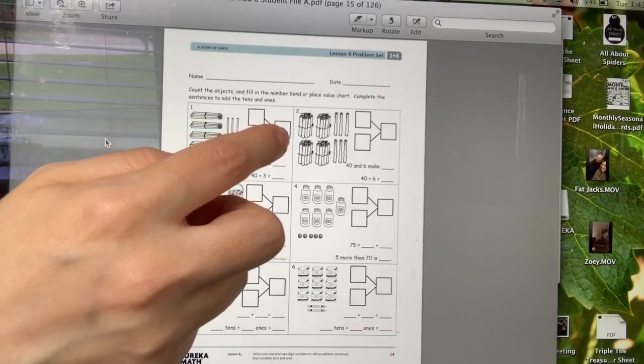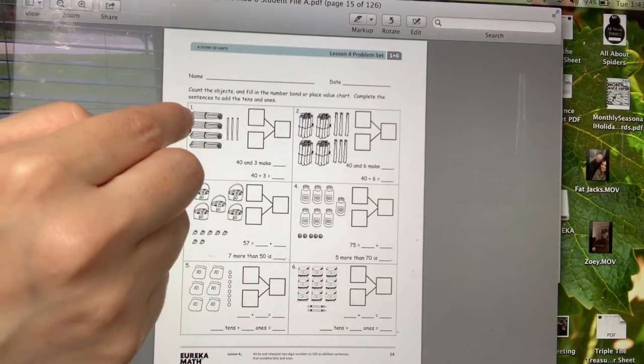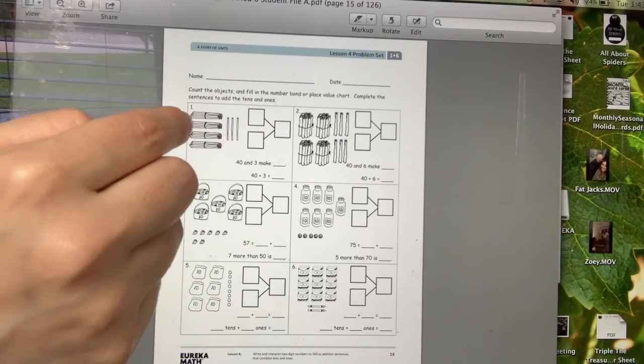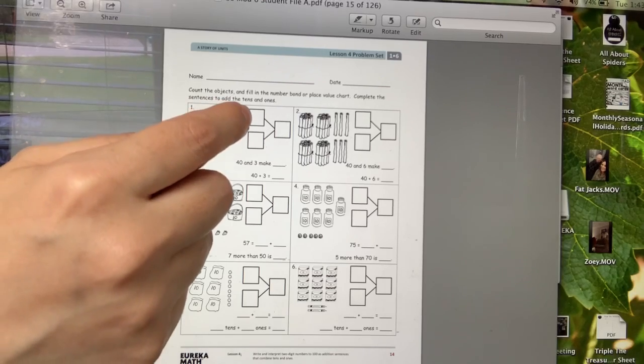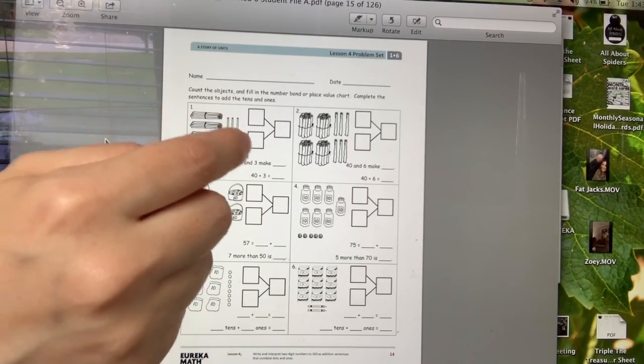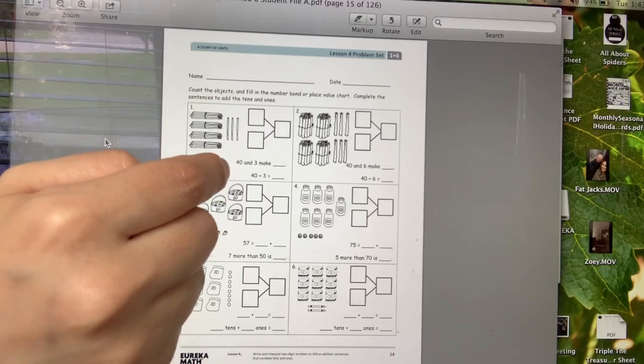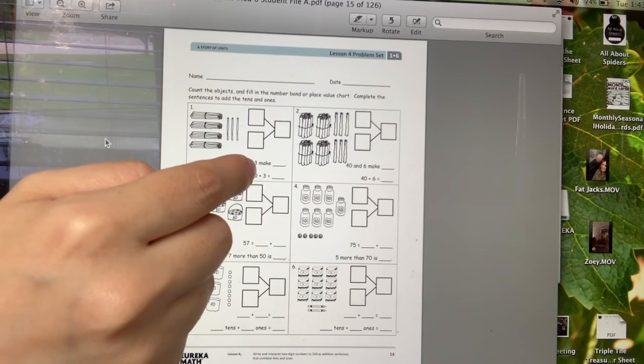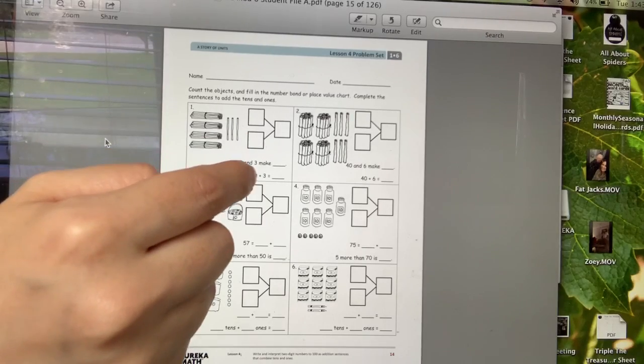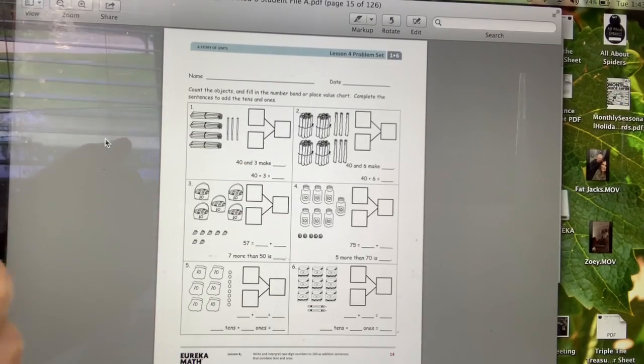So that's the number 43 I would write right here. But let's go back and count the tens and the ones. 10, 20, 30, 40. 40 goes right here. 1, 2, 3. 3 goes right here. So 43, 40, and 3. 40 and 3 makes 43. 40 plus 3 equals 43.